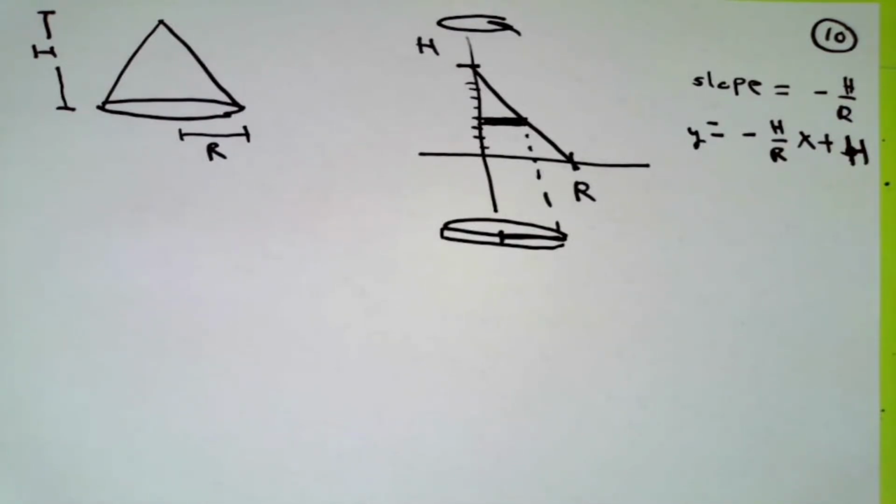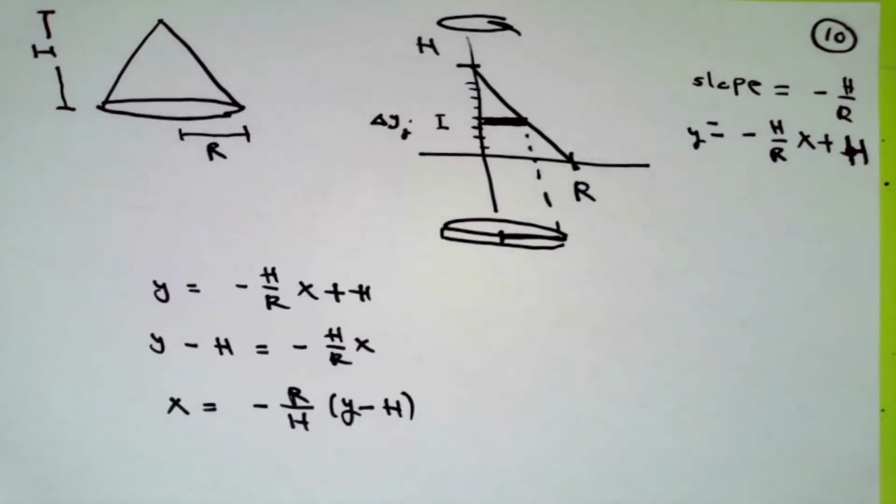So this means I'm going to have to solve my equation for the line for x in terms of y, since all quantities have to be expressed in terms of y here. A little bit of algebra will show you that x is negative r over h multiplied by the quantity y minus h, then pi times radius squared times perpendicular height again.